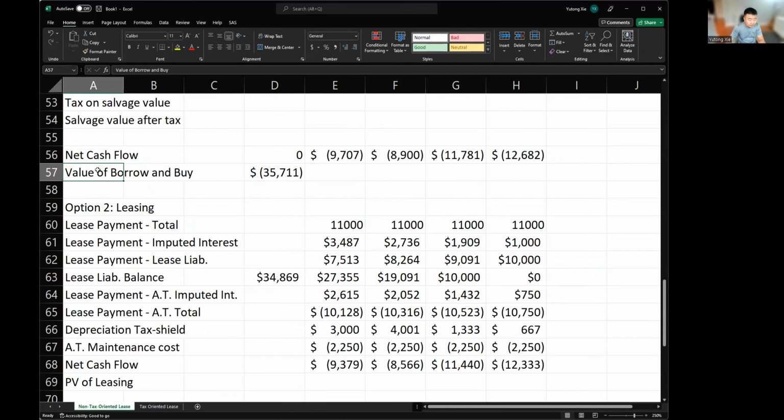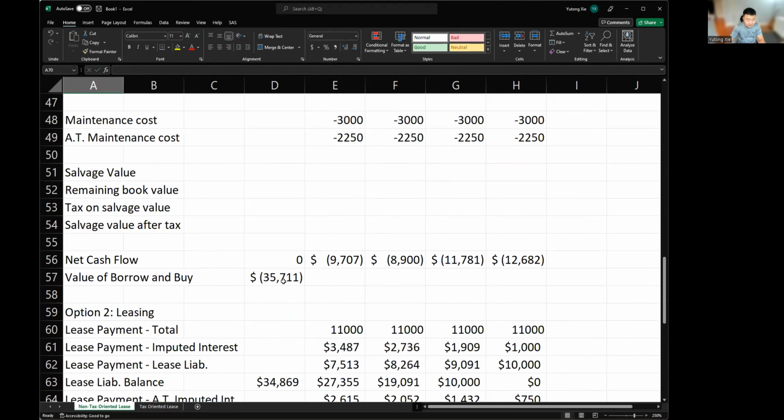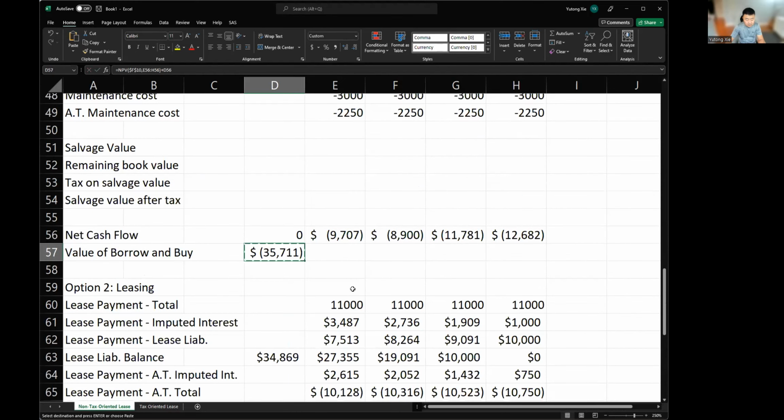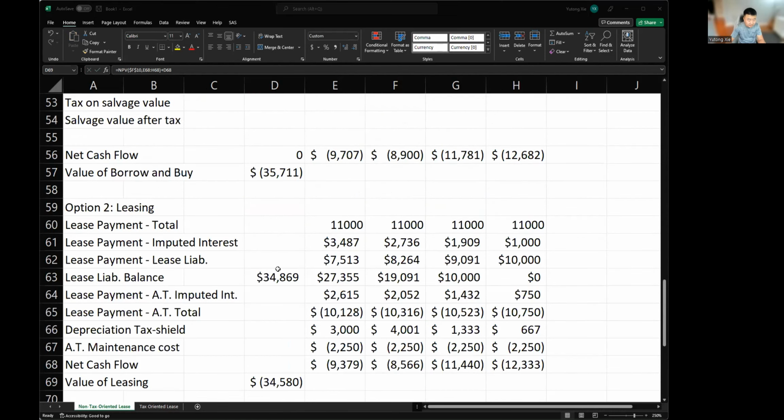That's value of leasing. Okay, value of leasing. It's going to be the same thing like the NPV formula. I'm just going to copy and paste it here. 34580. Okay, same idea. Negative and negative.